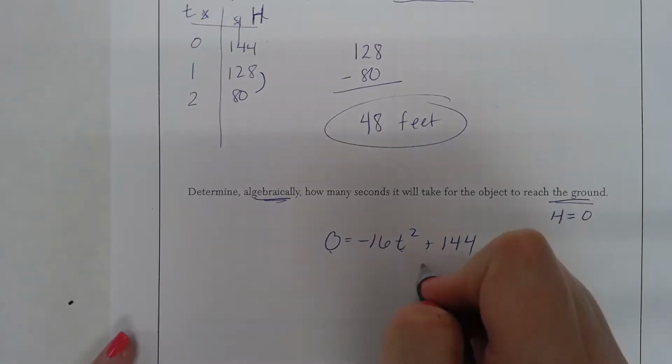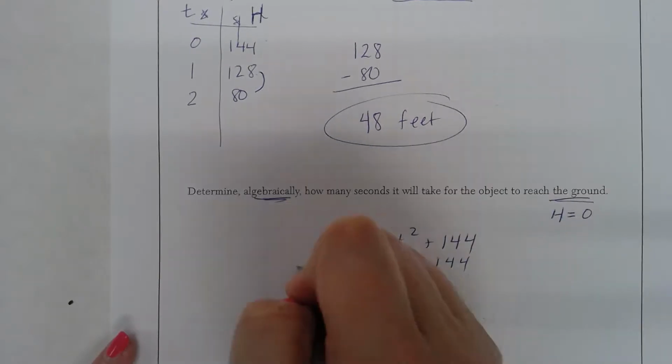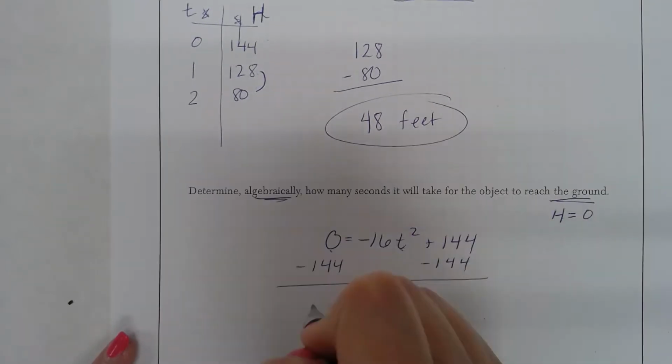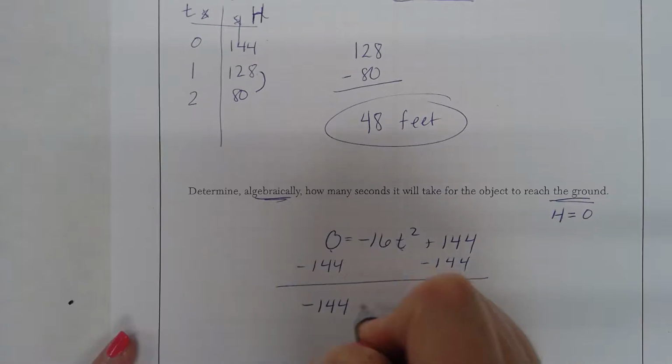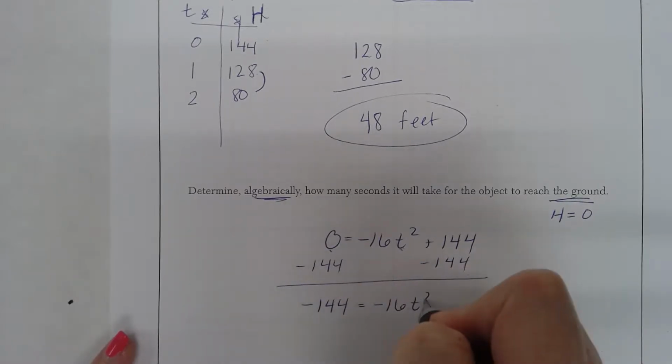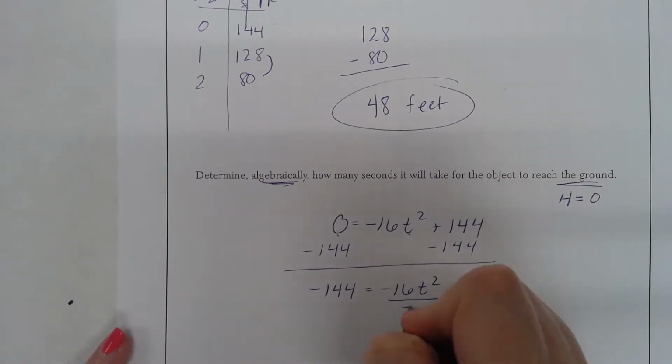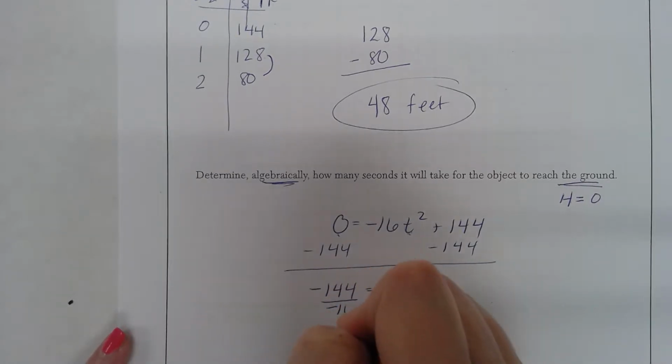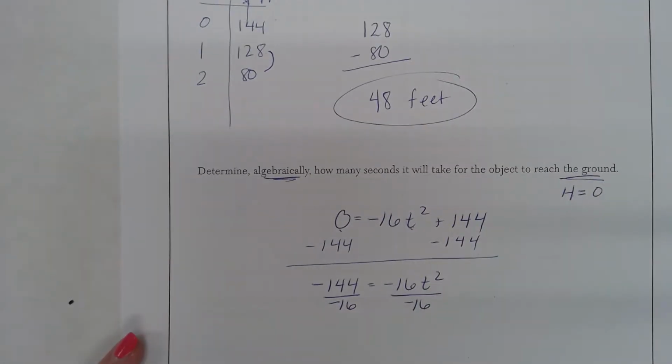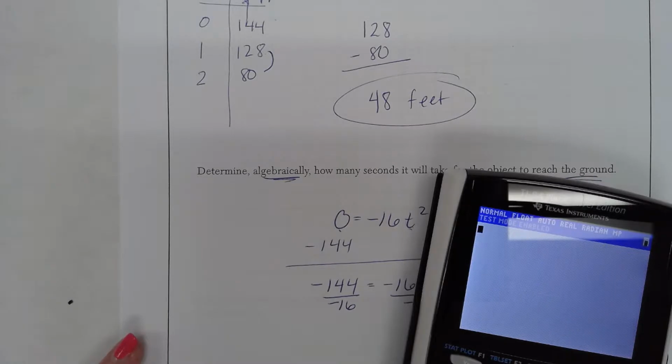I'm going to subtract 144. Negative 144 equals negative 16 t squared, divided by negative 16. I get a 9.